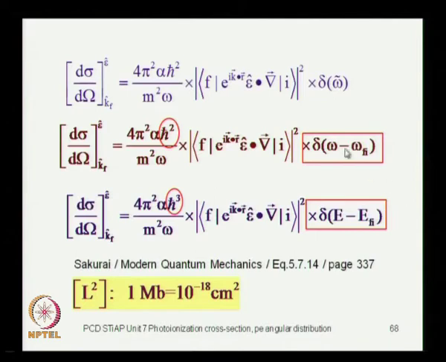But the dimensions of the Dirac delta for delta omega and delta E are obviously different, which is why you have an h cross cube over here as opposed to an h cross square in the previous step.